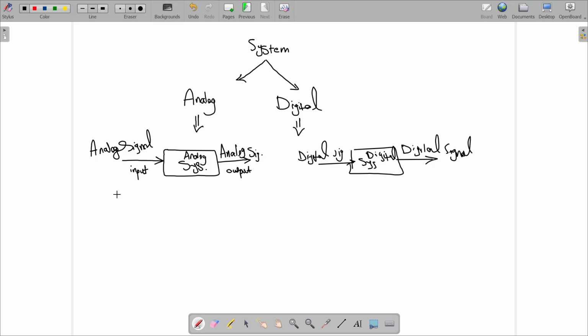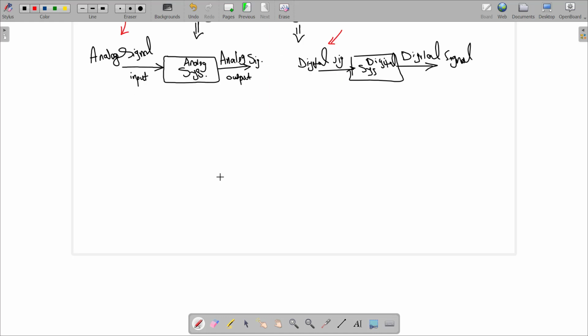So the question is, what is the analog signal? What is the analog signal and what is the digital signal? We say that if the value of the signal changes continuously during time, like something like that.